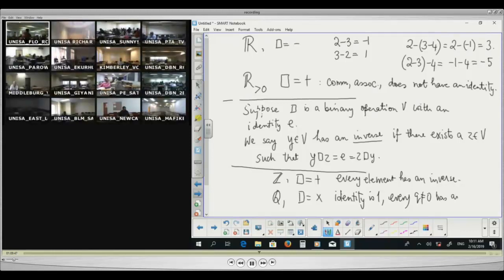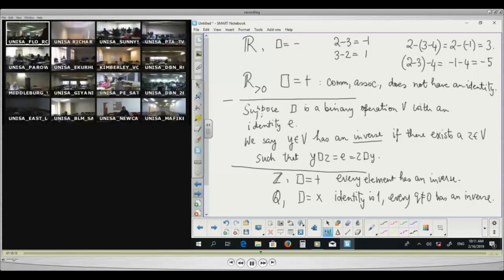But if you take non-zero rationals, then everyone has an inverse, right? So it could be that the operation is very nice. It is commutative, it is associative, it has an identity, but every element may not have an inverse. Only some might.